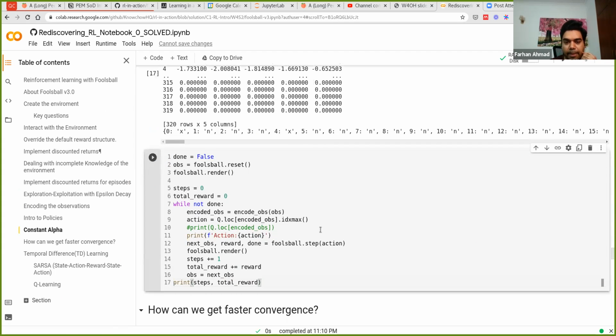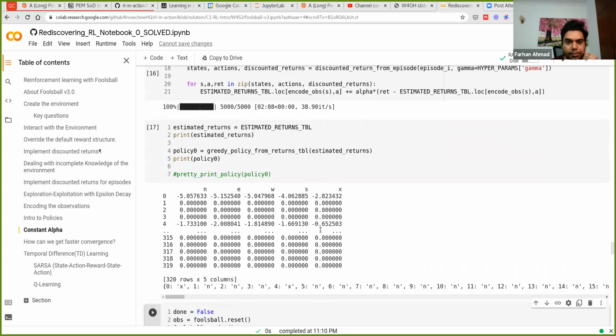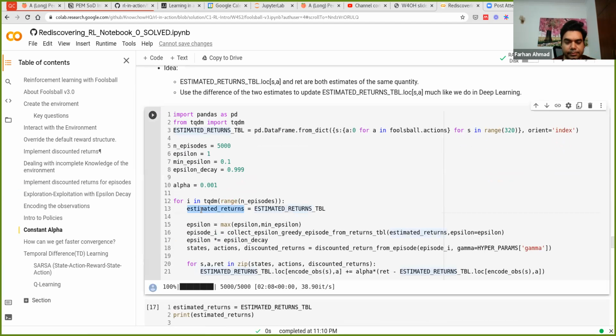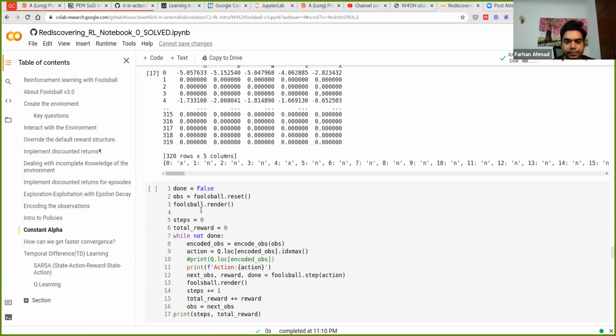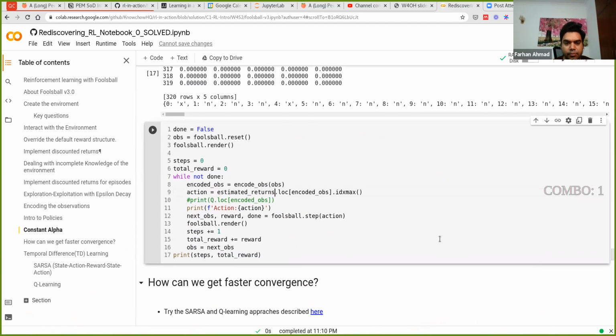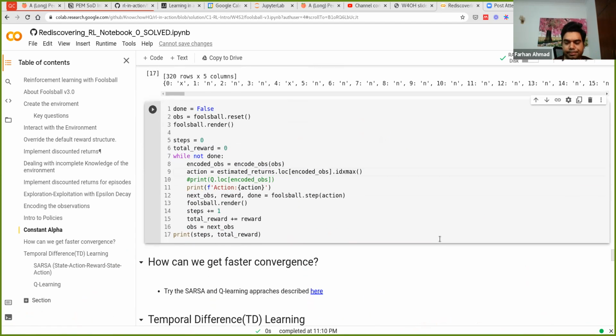So, yep, what was the table called? Estimated returns. Yep.